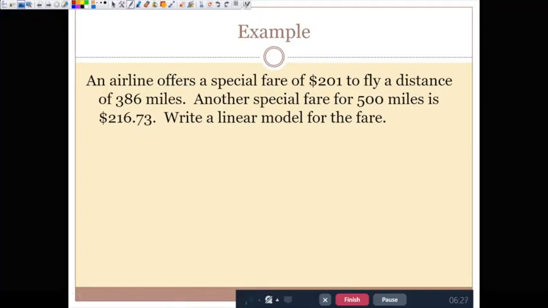So we have the 2 points of 386, which would be, the amount of money would be $201. And then we also have 500 and 216.73, okay?